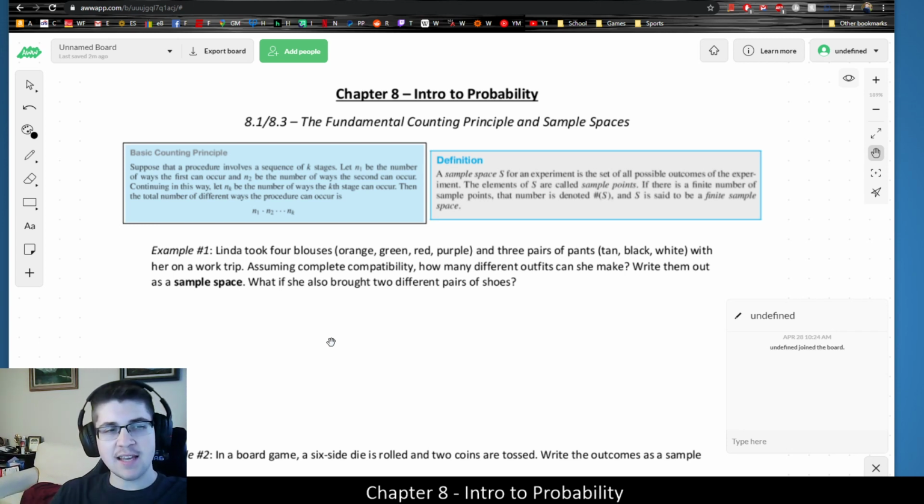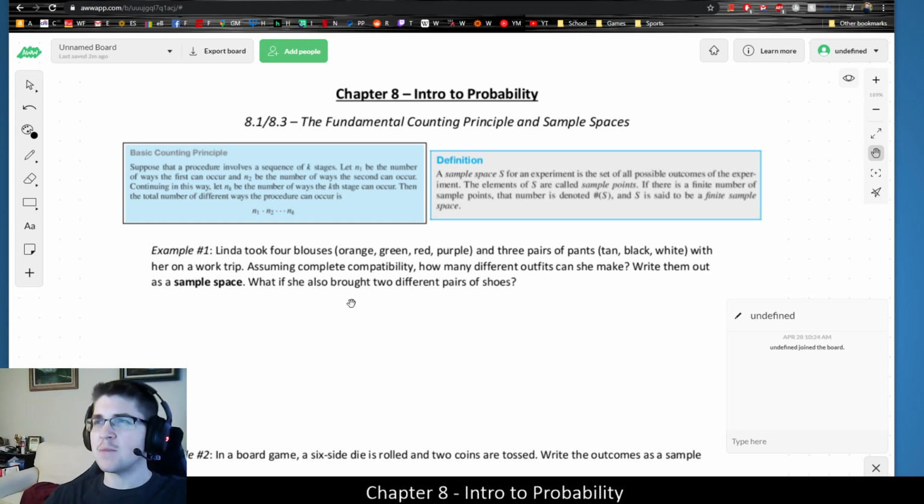Essentially, it's saying, if I'm trying to run an experiment, let's just look at example number 1. Let's say that Linda took 4 blouses with her and 3 pairs of pants with her on a work trip, denoted by the color of each one, so we can distinguish each blouse and each pair of pants.